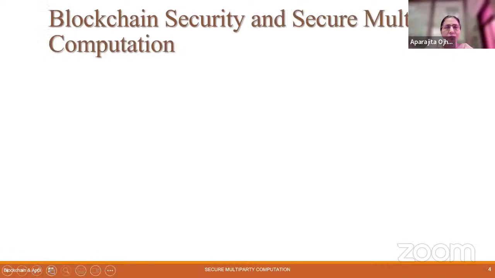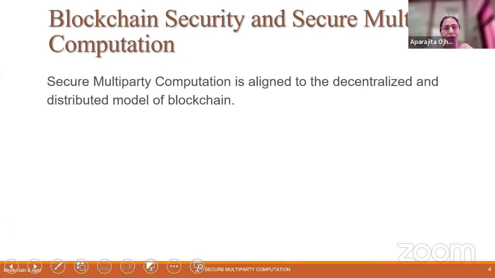So, blockchain security: how secure multi-party computation plays a role in blockchain security, and why people found that attention should be paid to secure multi-party computation for the security of the blockchain. So what is secure multi-party computation?